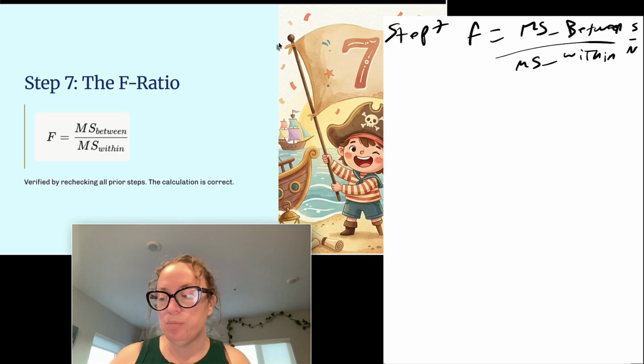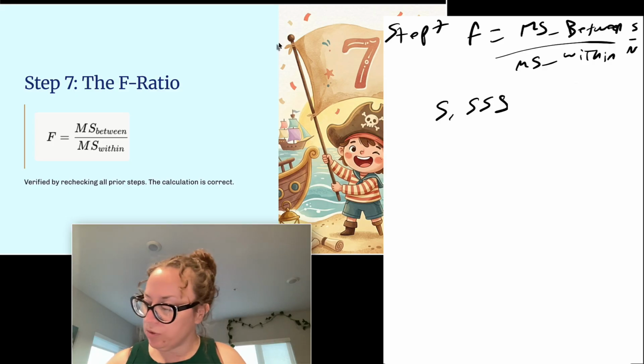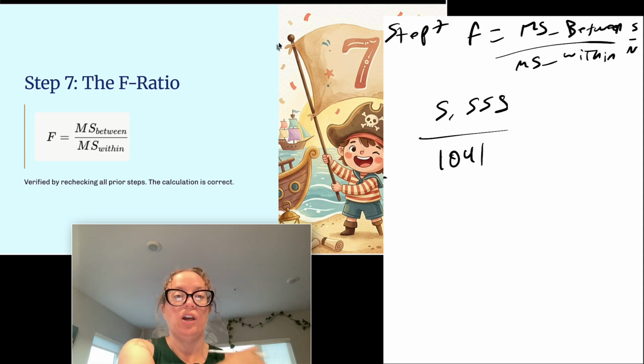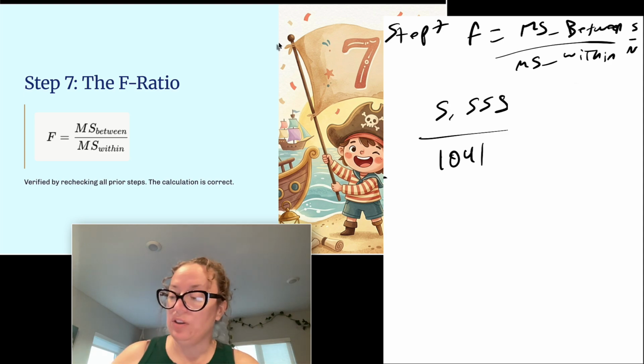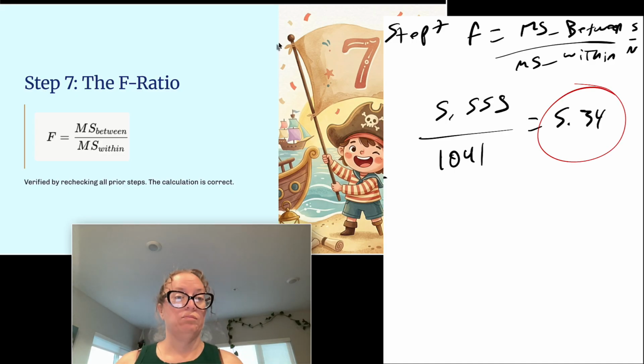So if you remember the between, okay, go back to here, got the between and the within. So 5,555 over, what was it, 1,041. Okay, that is your F ratio, and then of course divide it out, and now you have an F of 5.34.